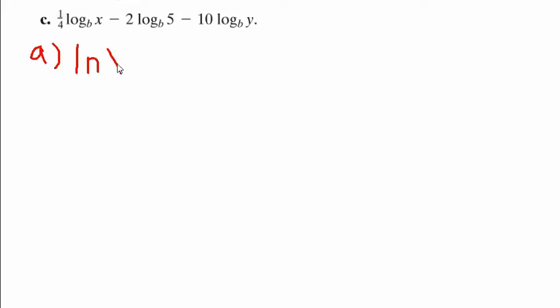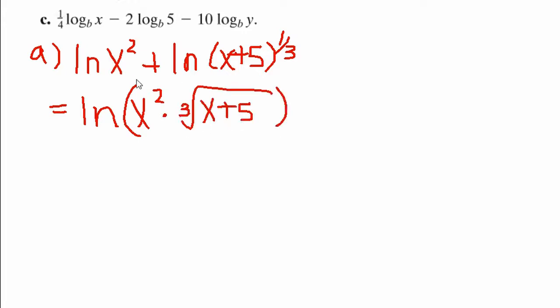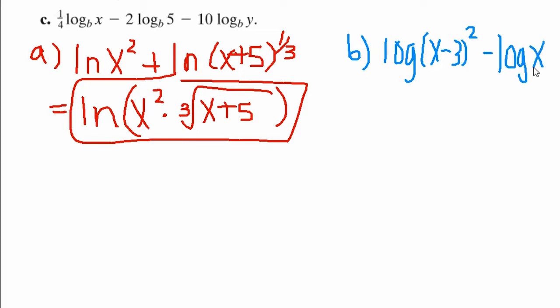I get ln of x squared plus ln of x plus 5 to the 1/3. And that becomes ln of x squared times the cubed root of x plus 5. On B, I get rid of that multiplication in front first by making it the exponent. And then subtraction becomes division on the inside.